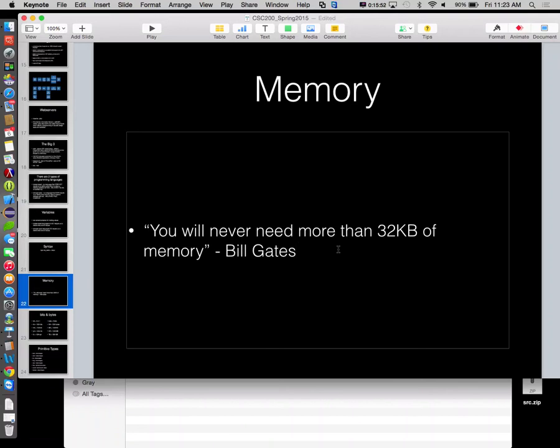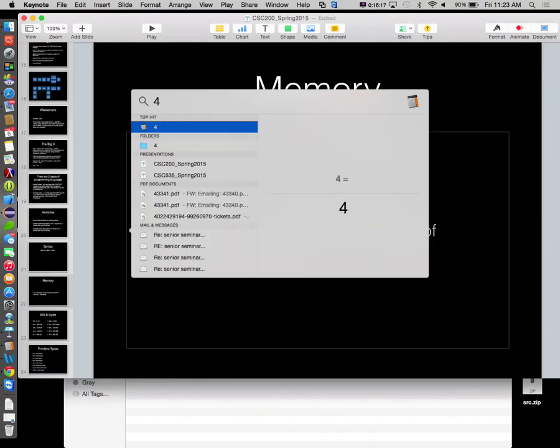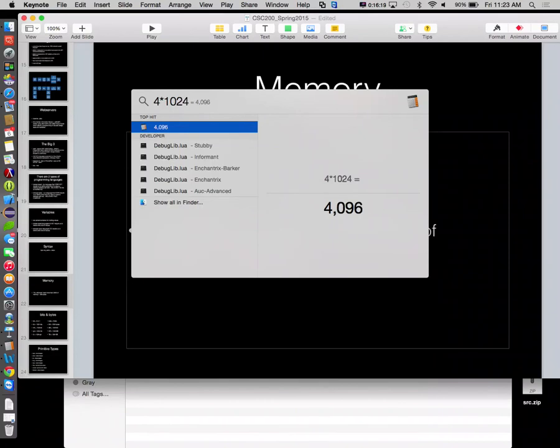In 1996, I had a computer that had 8 megabytes of memory in it. And I upgraded it to 16 megabytes of memory. Now, just to do the math, you paid $40 for 4 gigabytes, right? So we have 4 gigabytes times 1,024, that's megabytes. So you paid $40 for 4,096.